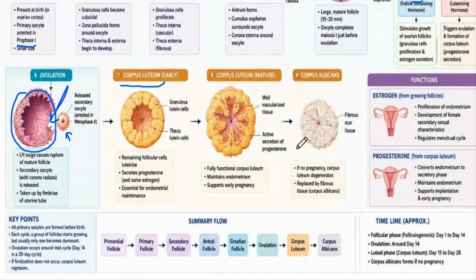By the end of the menstrual cycle, it becomes a small fibrous scar called the corpus albicans. As progesterone and estrogen levels decrease, the uterine lining breaks down, resulting in menstruation and a new ovarian cycle begins.